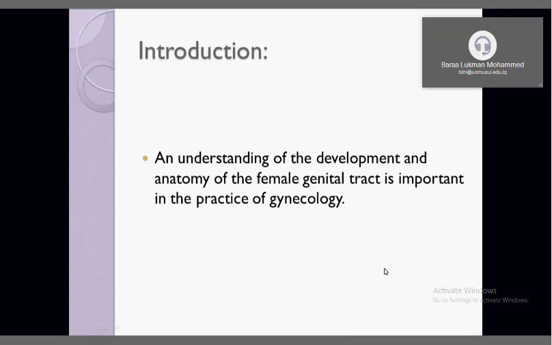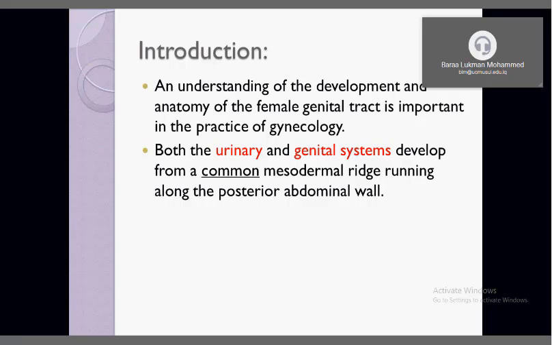As we said, the understanding of the development and anatomy of the female genital tract is important in gynecology practice, and especially when we consider abnormal development. An important point that you have to keep always in mind is that both the urinary and genital systems develop from a common mesodermal ridge.